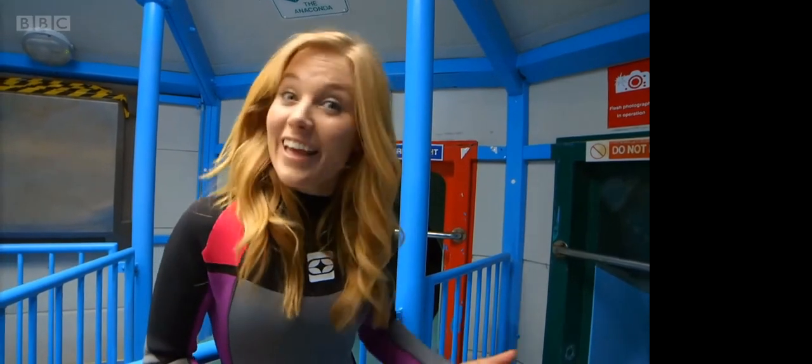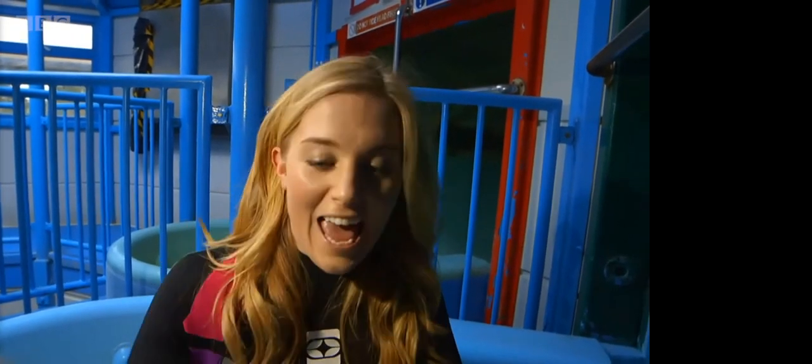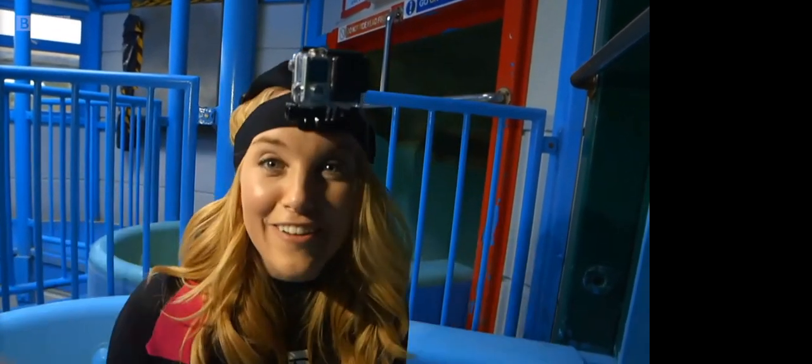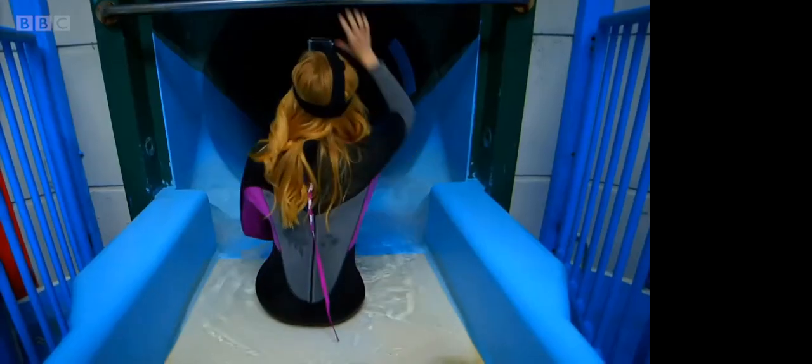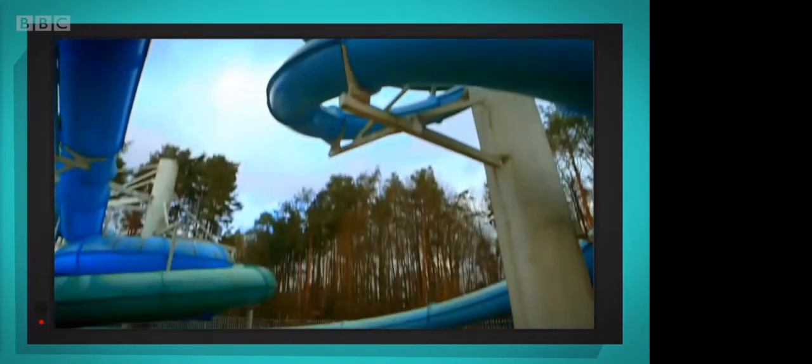First, I need to sit down like this. All I need to do is push off. But first, I'm going to put my special camera on my head so you can see exactly what it looks like as I go down the slide. Are you ready? The water is going really fast and taking me with it.